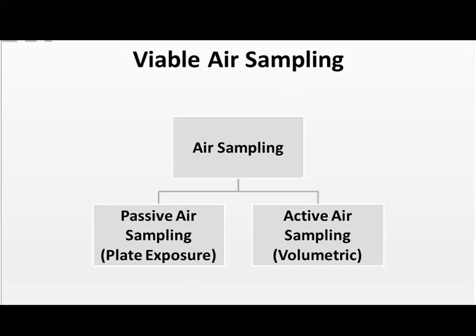The type of media is going to depend on the type of monitoring. Typically, we're going to use tryptic soy agar, which is a universal media. If we're looking particularly for yeast and mold, we'll use another type of media. I believe it's called SDA. Forgive me, it's been a while since I've used this media and I don't have the exact name, but it is a media that will grow yeast and mold.